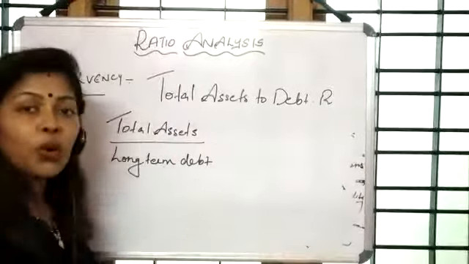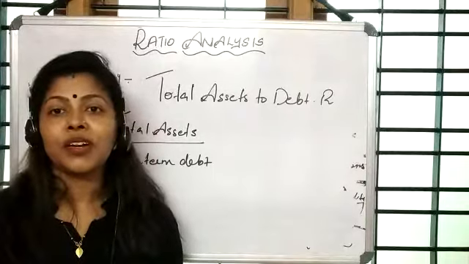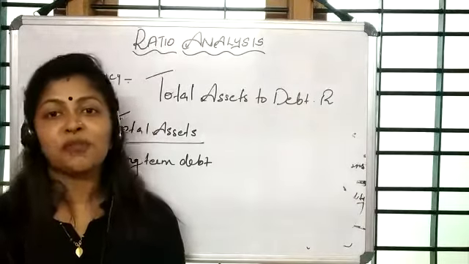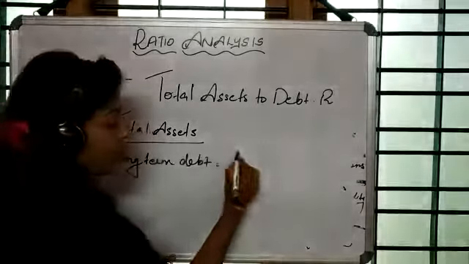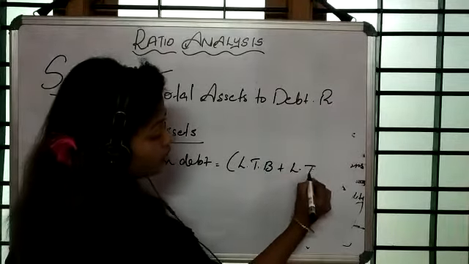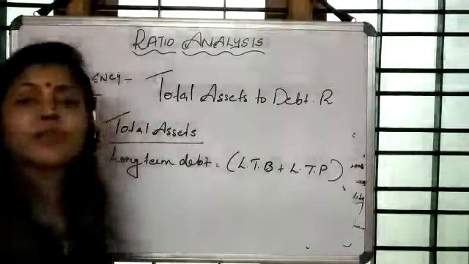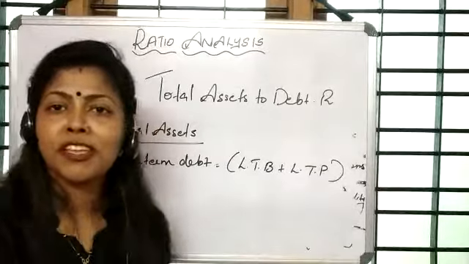So as you all know, I have made it clear to you what long-term debts are. Long-term debts is equal to long-term borrowings plus long-term provisions. So what is total assets? It's very simple.